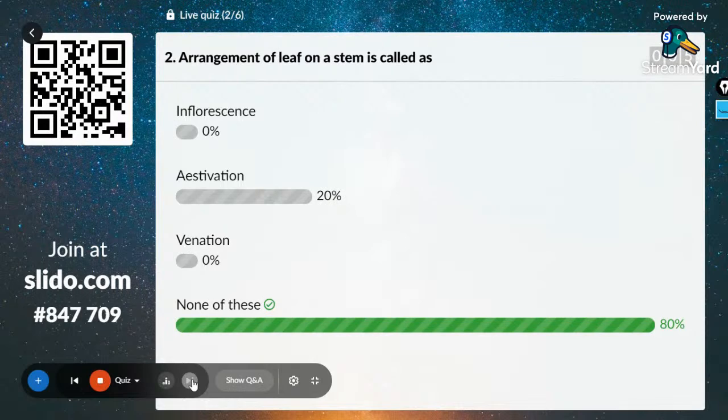It's none of these. Arrangement of leaves on a stem is phyllotaxy. It's not aestivation. What do you mean by aestivation? Aestivation is the arrangement of floral whorls, right?